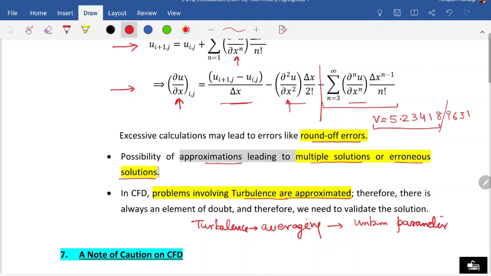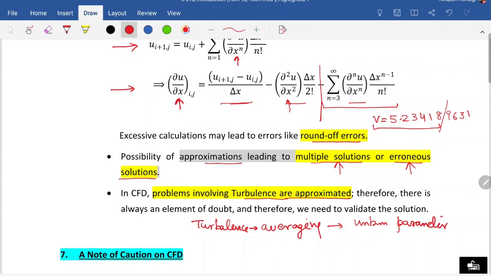The moment you do averaging, you create certain parameters, and you don't know the physics of that. So actually your solution becomes approximate. Now when your solution is becoming approximate, there are chances of multiple solutions or an erroneous solution.